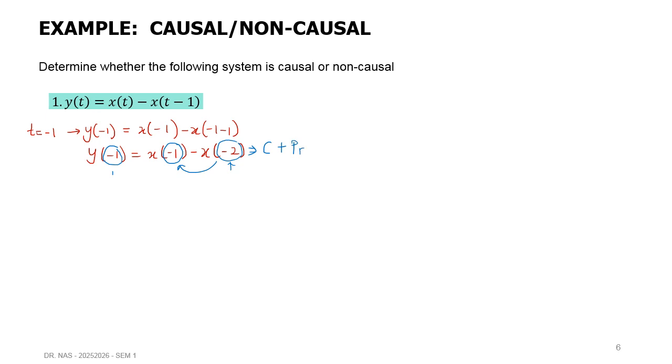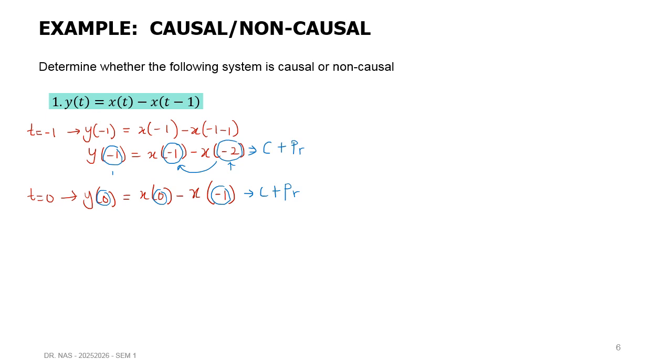Okay, so let's try when t equal to 0. When t equal to 0, your y(0) = x(0) - x(0 - 1), you get x(-1). So let's compare the states. The current state is 0, so you have 0 and 0. So it's the current state plus -1, the previous state.